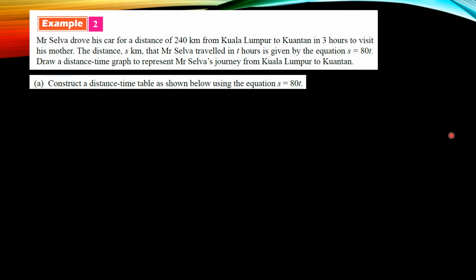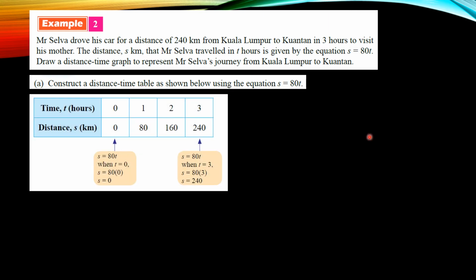First we construct a distance time table as shown below using the equation S equals 80t. Here they find 4 points, but it is better to find just 2 points, which is easier. Or you can find 4 points also.